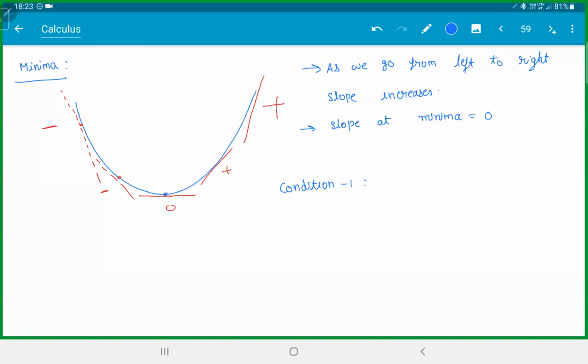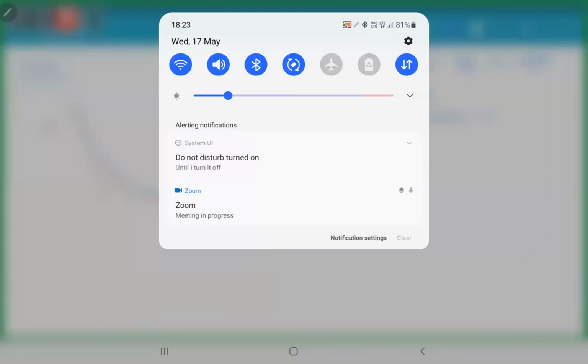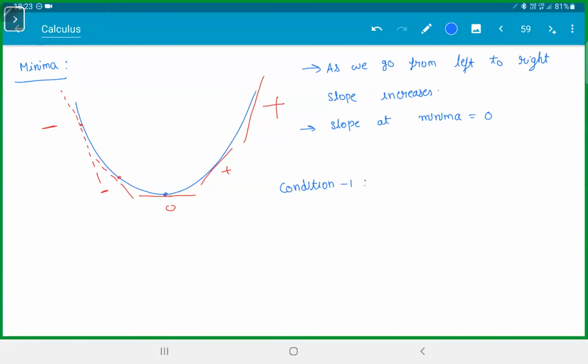Let me change the position. This is better.